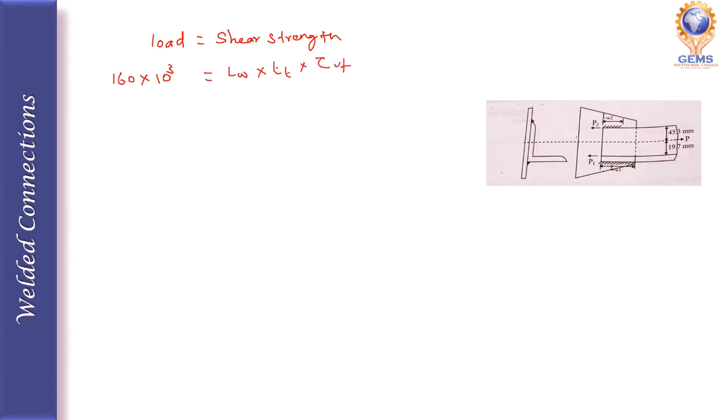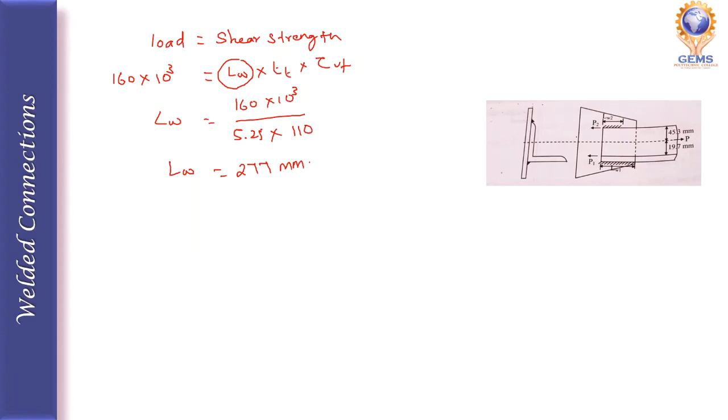So in this, TT is known, tau Vf is known, the only unknown is LW. So LW is equal to 160 into 10 to the power 3 divided by 5.25 into 110. So LW is 277 mm.